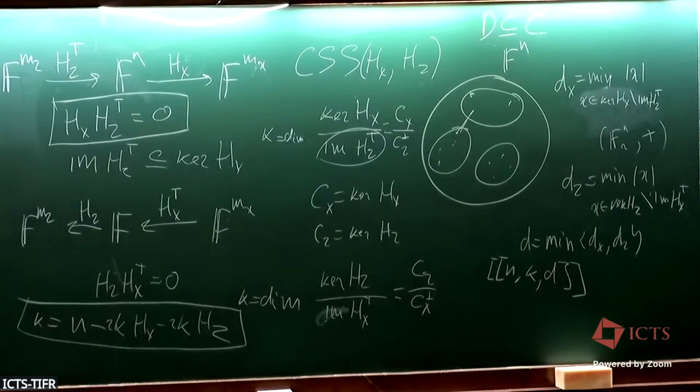Yeah, that's exactly the point. It may happen, but it may not happen. Actually you have code words with bad distance, but when you put them together, the quantum code actually has good distance.